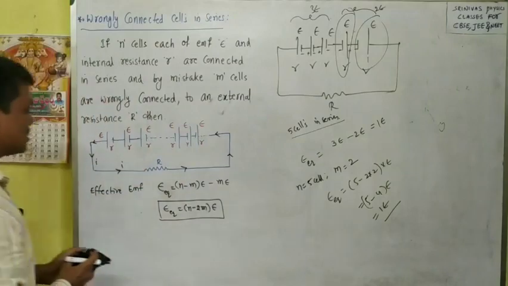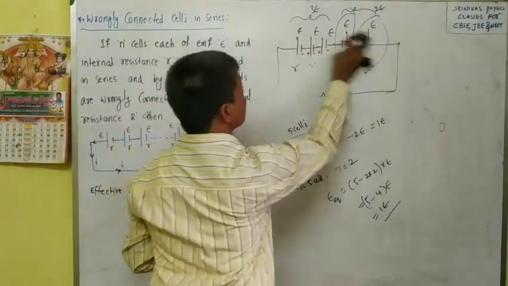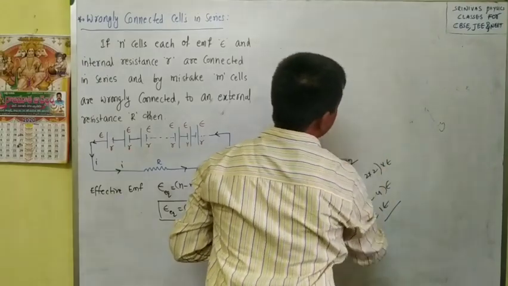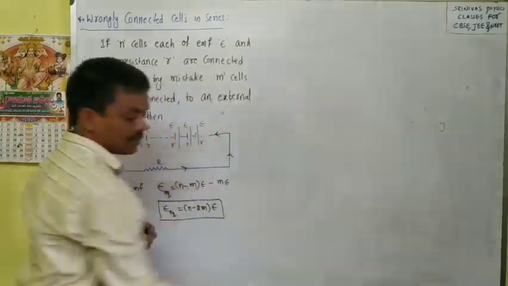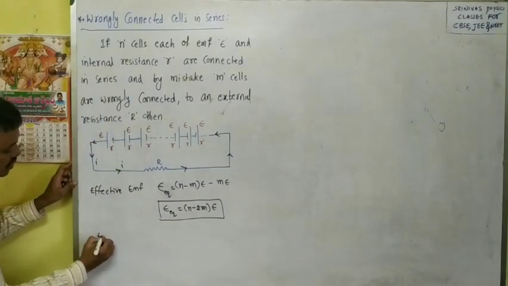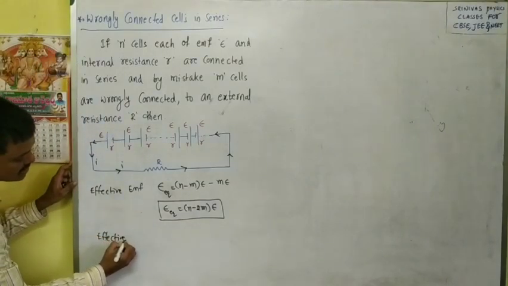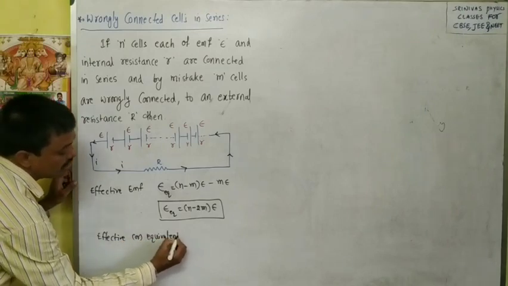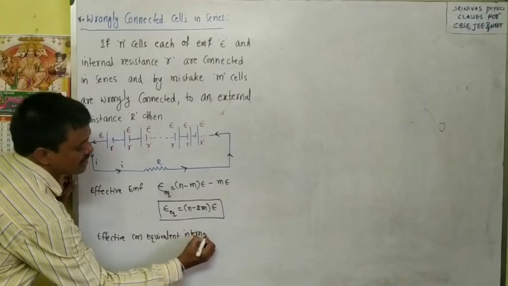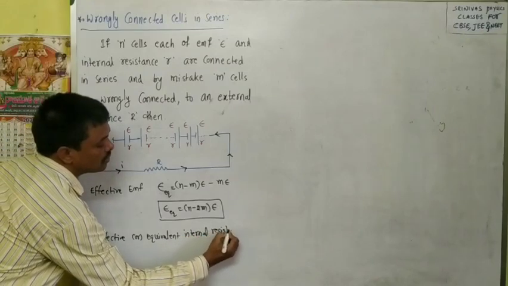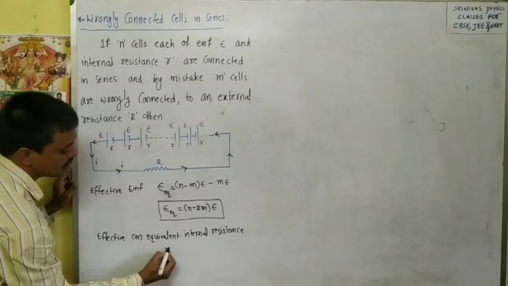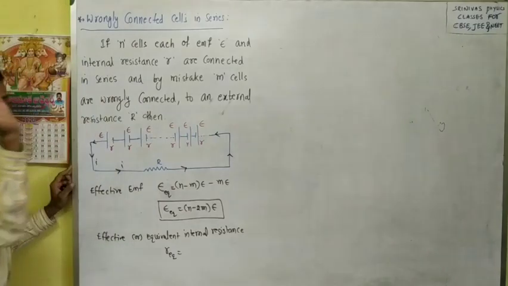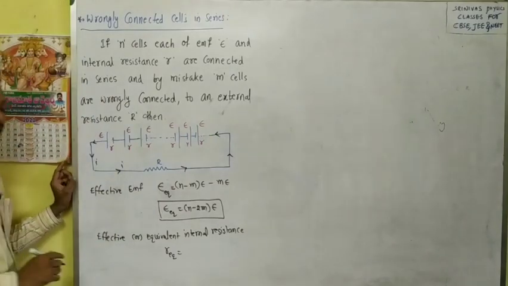Now the next one is, what is the effective internal resistance? We found the effective EMF, and now I want the effective or equivalent internal resistance. Just add them: R plus R plus R plus R plus R. There is no wrong connection for the resistors because resistors do not have positive and negative terminals.